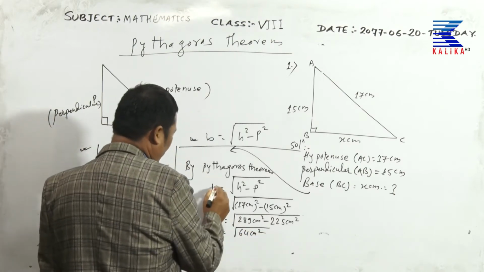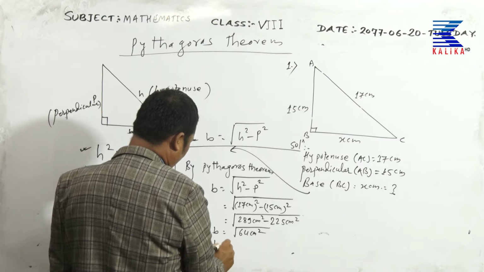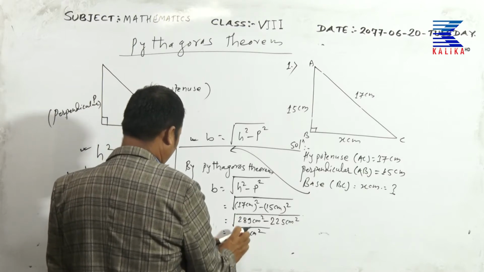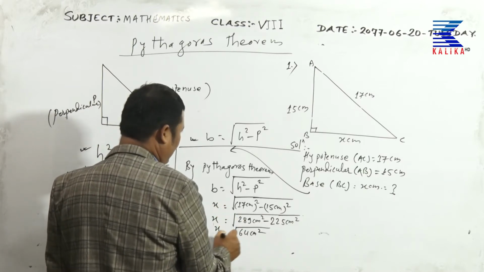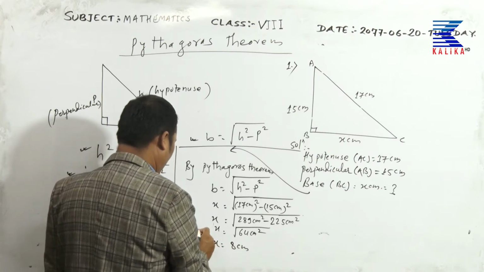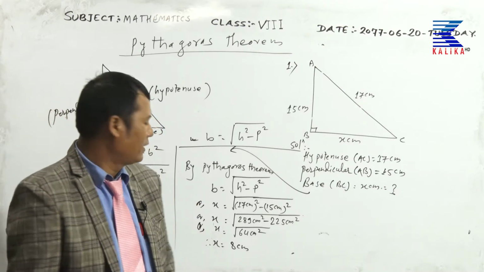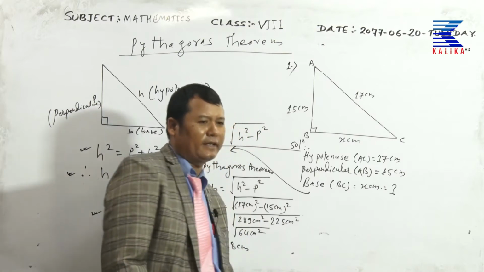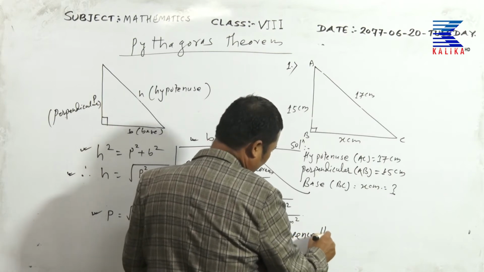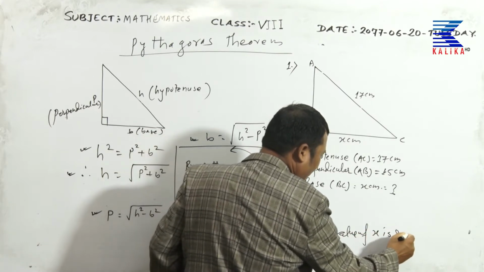So b means base, which is denoted by x, better to write x. Therefore x is equal to 8 cm. Hence the value of x is 8 cm.